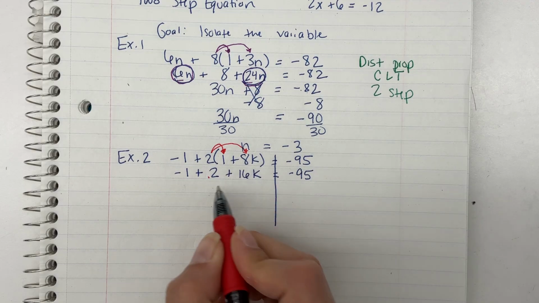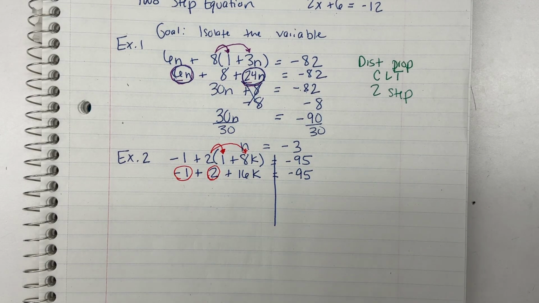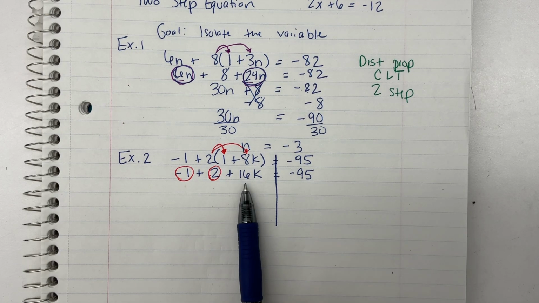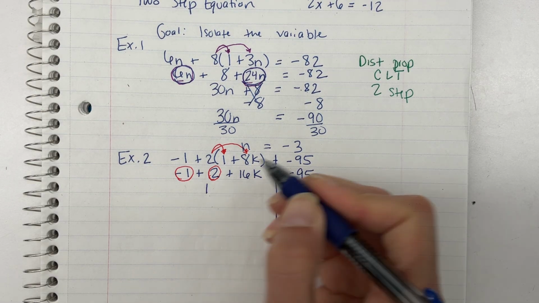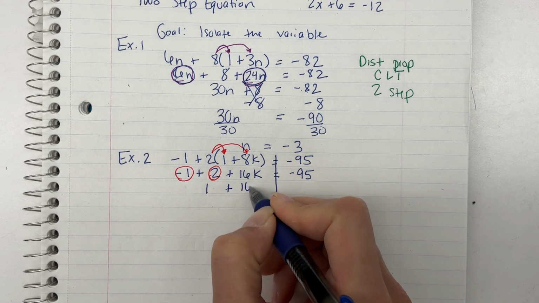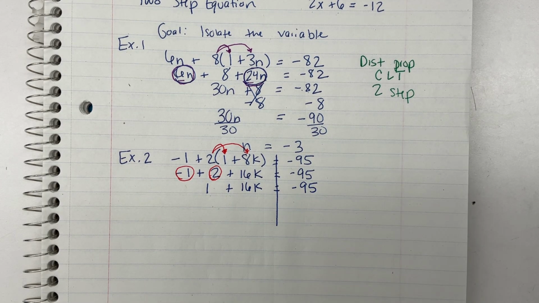Who is on the same team? This 2 and this -1 is going to be on the same team. They don't have a jersey on, so we're going to combine them of 2 minus 1, which gives me 1. Now I have 1 plus 16k is equal to -95.